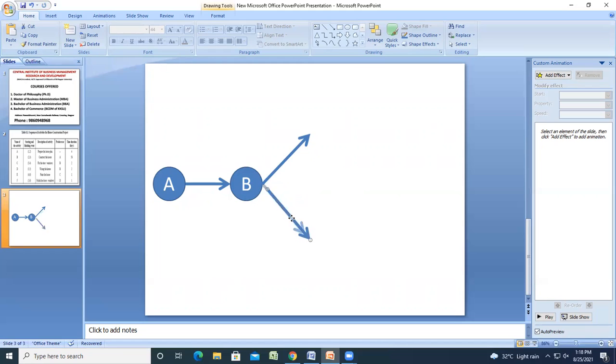The first activity that is starting from activity B is activity C, and the next activity that is starting from activity B is activity D.